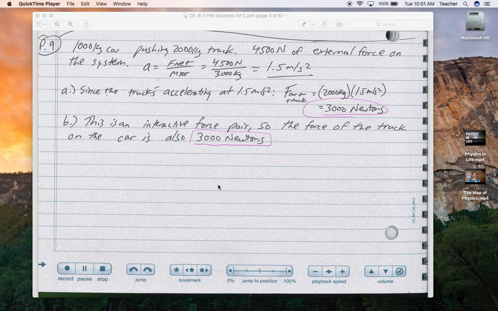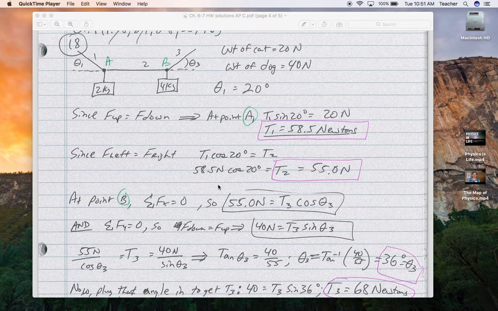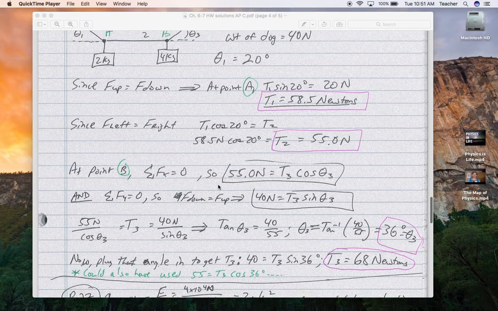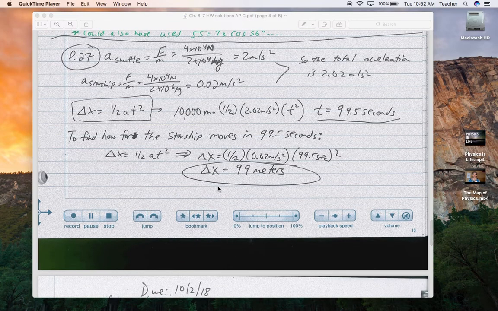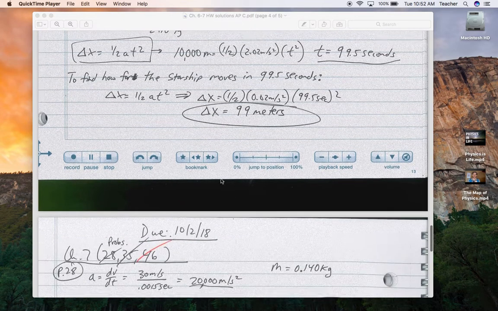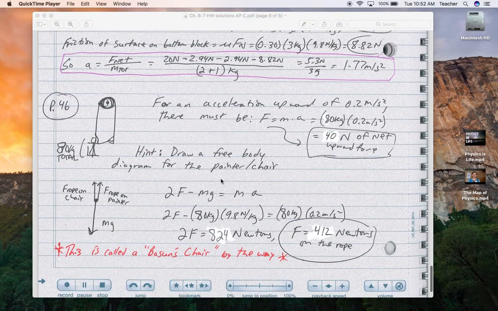It's number 9 in chapter 7, problem 18. Problem 27. Problem 28 and 35. 35 is a good one, by the way. Problem 46. Obviously, I screwed up here, I think I thought it was 70 kilograms instead of 80, so I had to mess around and get that.